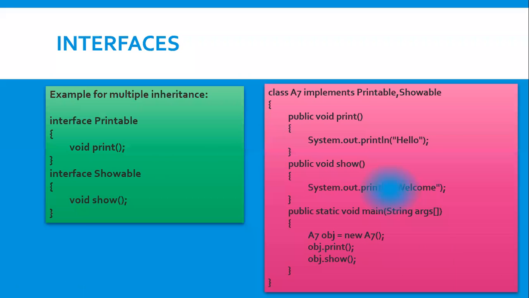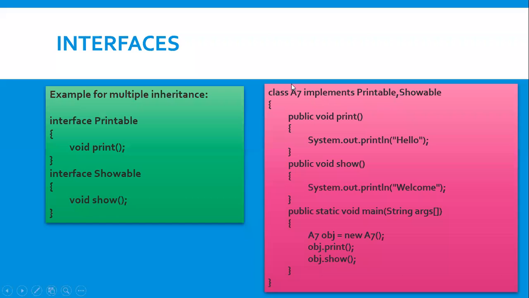So this is how your class is going to implement two interfaces. Here I am giving the example of multiple inheritance, because your class A7 wants to implement the properties from the printable as well as the showable interface. You can acquire the properties of two interfaces with comma separation.